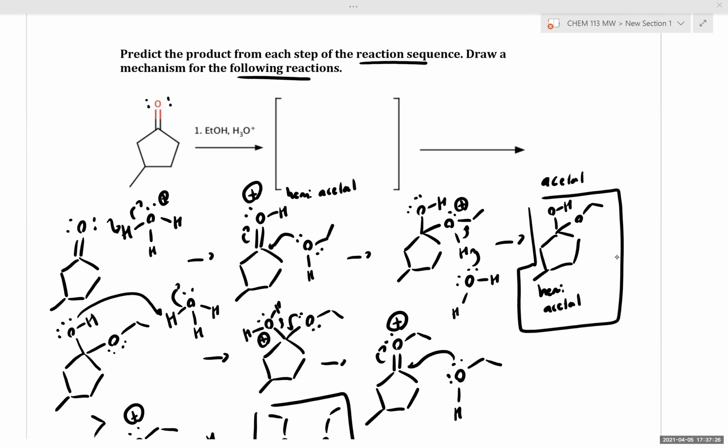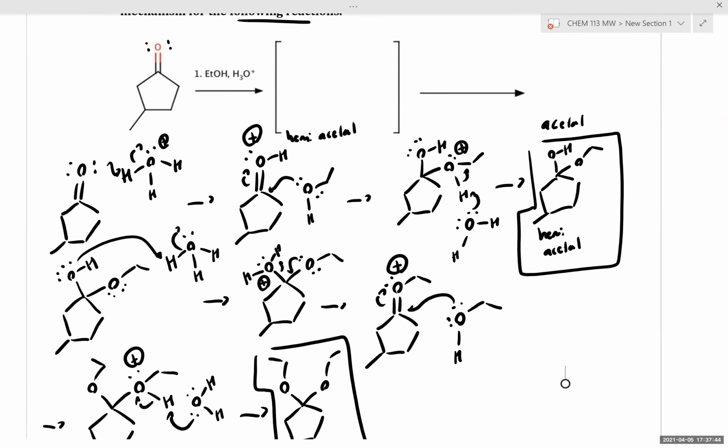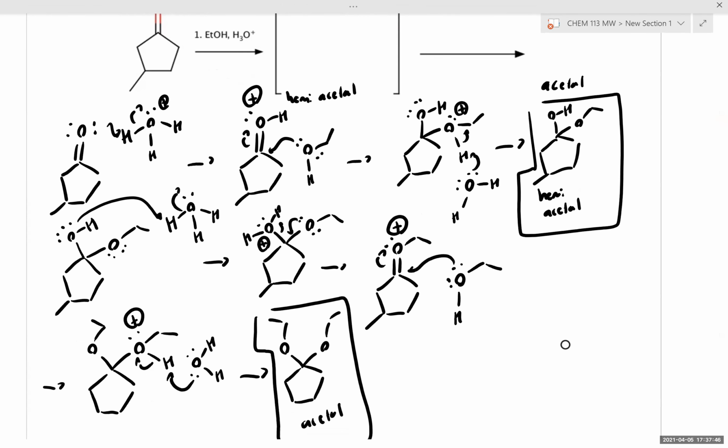In chapter 19, we're focusing extensively on carbonyl addition chemistry, such as 1,2 addition. Last class session, we looked at the formation of hemiacetals and hemiketals. Acetal formation and hemiacetal formation occur readily under acid catalyzed conditions.